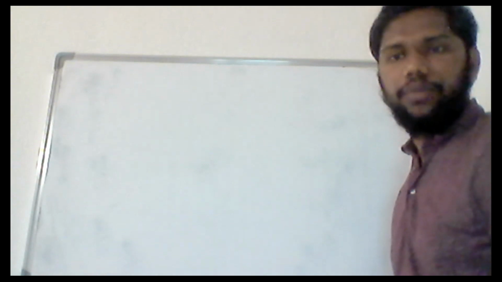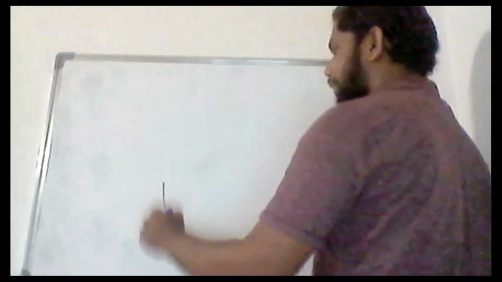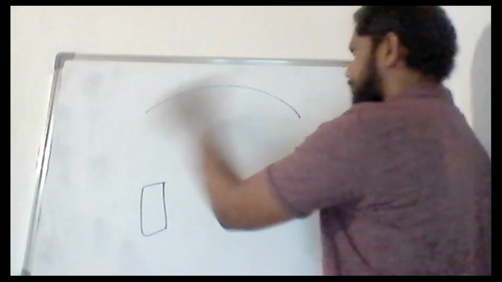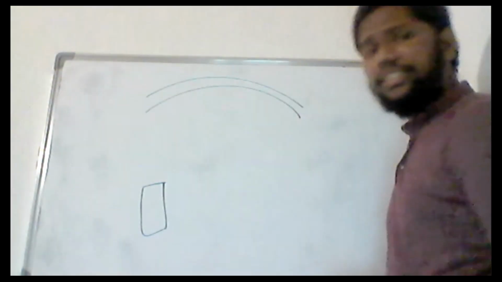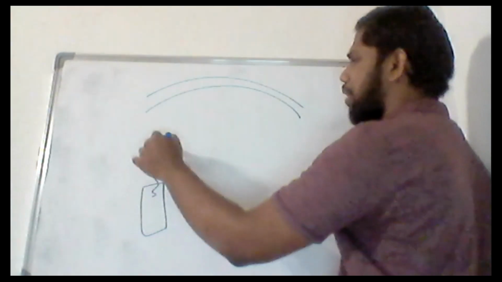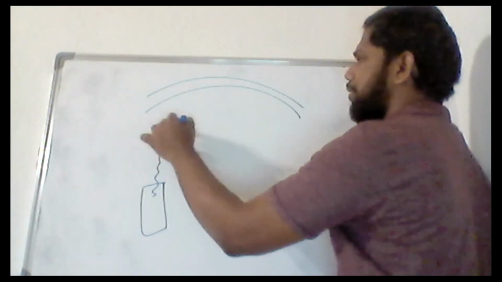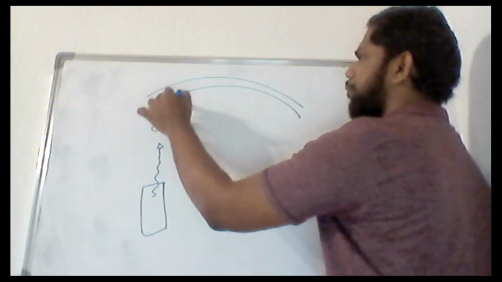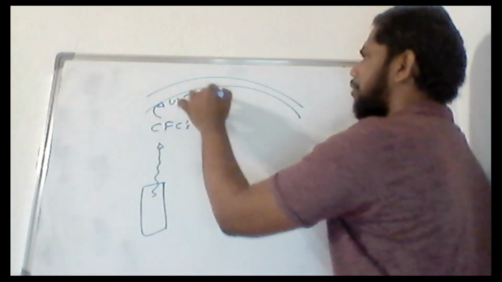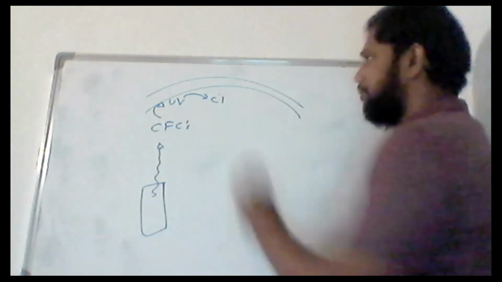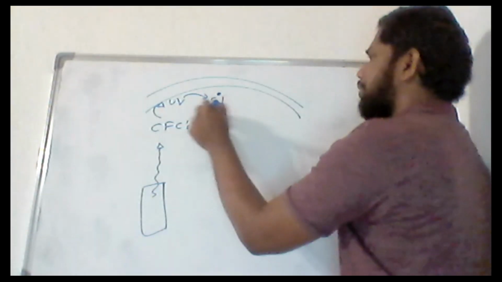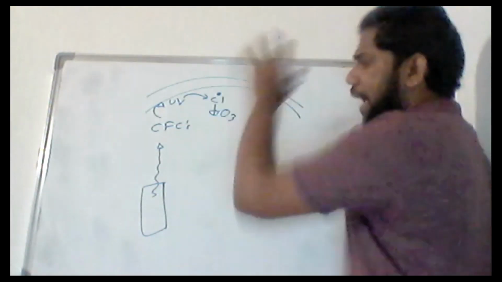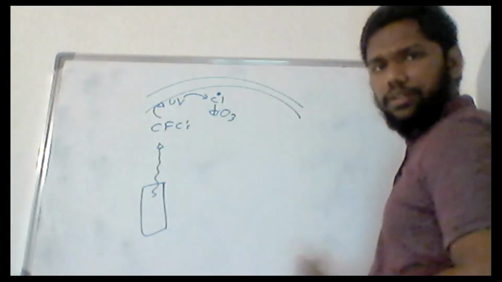Why? Because you use a refrigerator here and these chlorofluorocarbons go towards the stratosphere. CFCs go there, interact with UV radiation and form chlorine radicals, which start to react with O3 and deplete it.